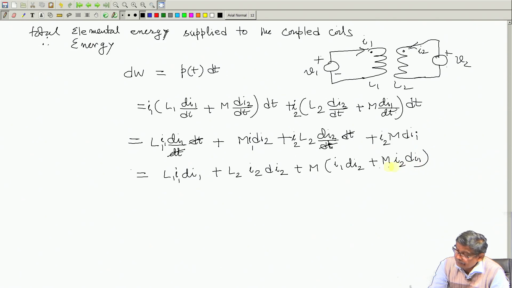This will be the energy, not energy supplied in time dt, elemental energy. I have written M twice, correct. So, this will be the thing.